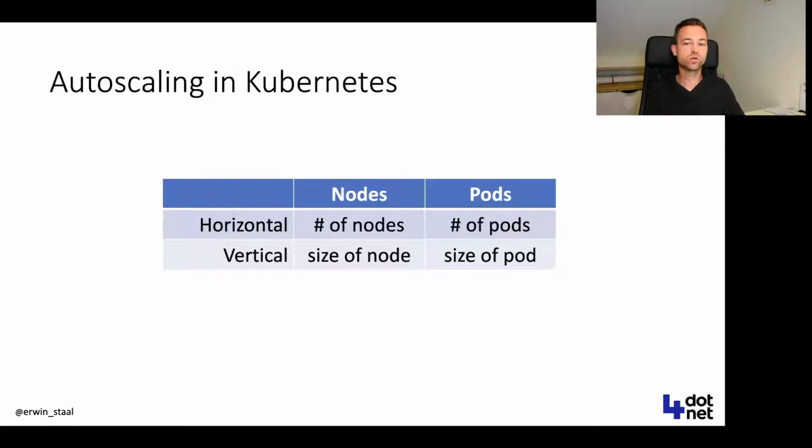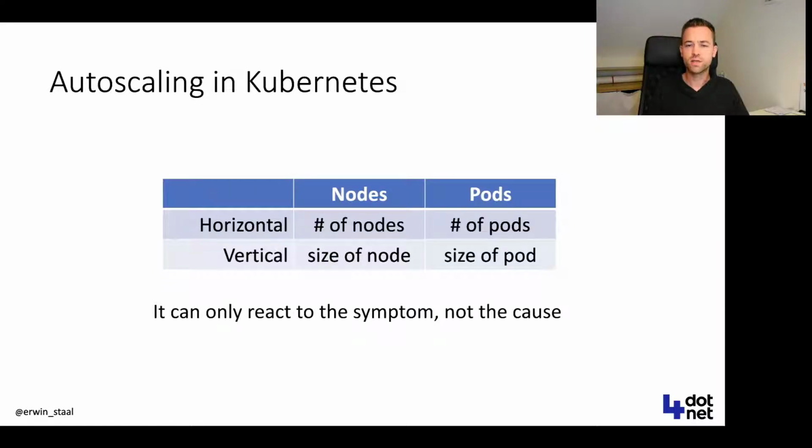But what we also could do is resize the pods themselves. We can, at deploy time, limit the resources a specific pod is allowed to use. But then we can also increase or decrease that on the fly to resize the amount of resources a pod is allowed to use and do scaling by that.